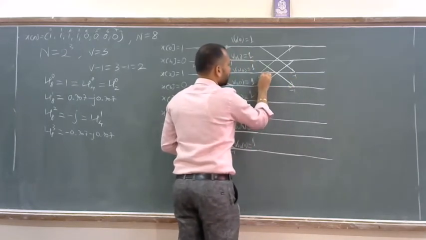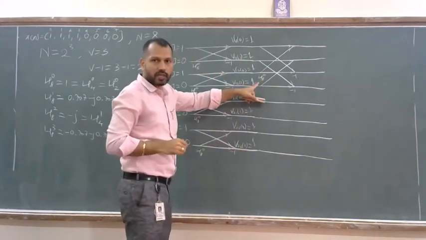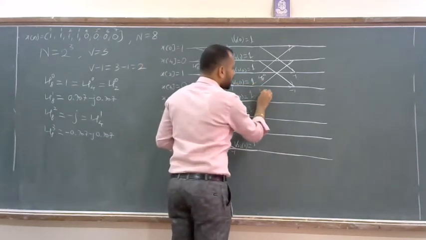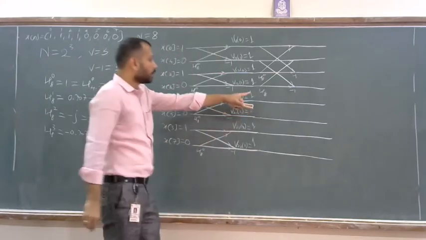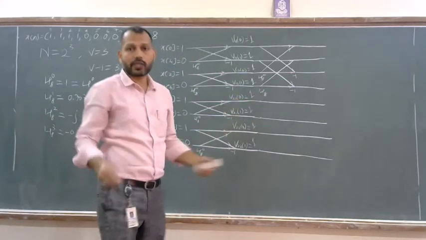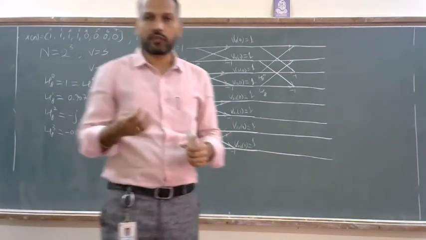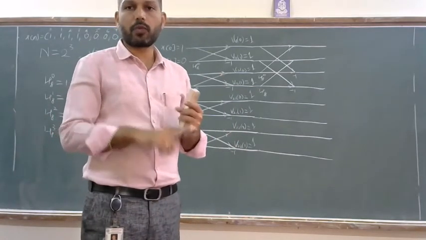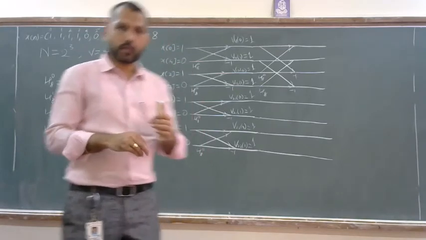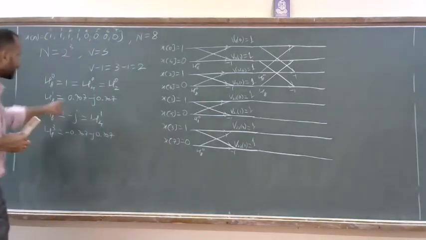This will be the first twiddle factor. For the first butterfly structure it will be W80, and the second butterfly structure will be the same. Because we are calculating a 4-point DFT, the twiddle factors will be W40 and W41. W40's equivalent value for the 8-point twiddle factor is W80.